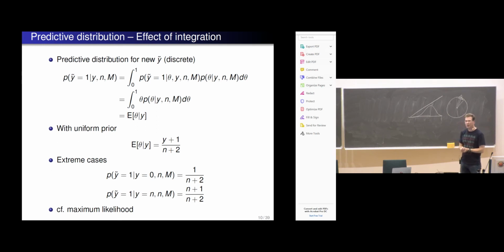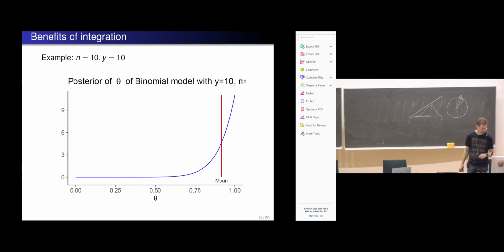Or if we have observed so far all reds, what is the probability that the next one is red? It's not 1, it's something just below 1. So this integration is regularizing. And here, with all red ones observed so far, you can see the mean plotted there. Integrating over this uncertainty is regularizing our prediction.